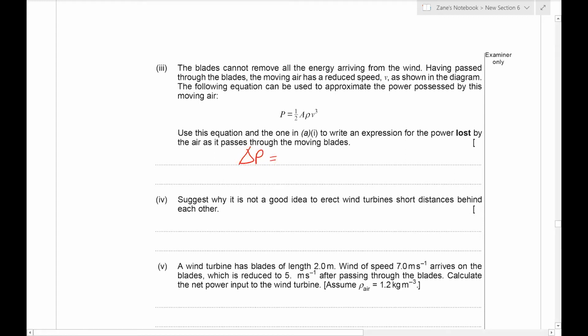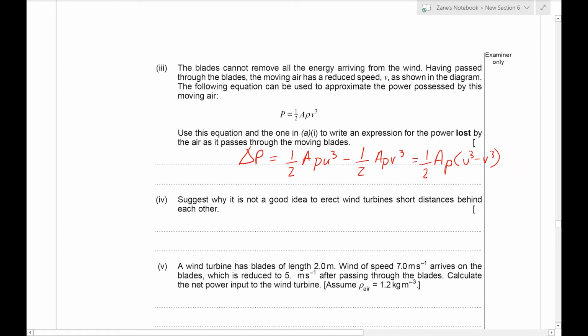I'm going to call it delta P. And it's going to be the difference between the input power, 1/2 A rho u cubed, and the output power, 1/2 A rho v cubed. Now we could simplify that by doing a little bit of factorising. If we factorise out 1/2 A and rho, then we've got u cubed minus v cubed.